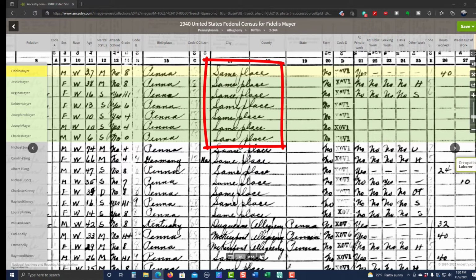Okay, over here on column 17, what they're asking is where the person was living as of April 1st, 1935. Once again, this census is taken every 10 years. So there's one taken in 1930, this one's 1940, and I've never seen this question on any other census, but they wanted to know, where did you live 5 years ago?